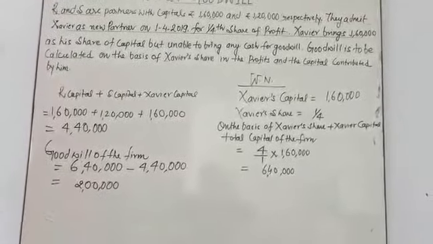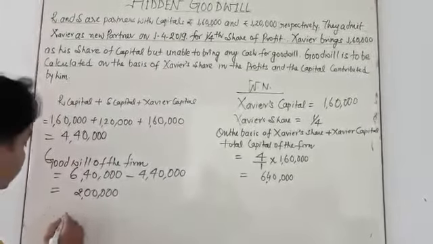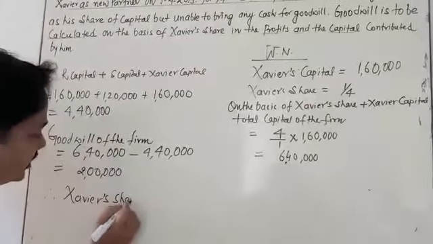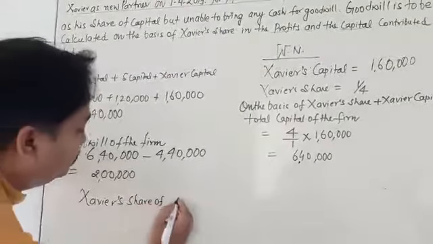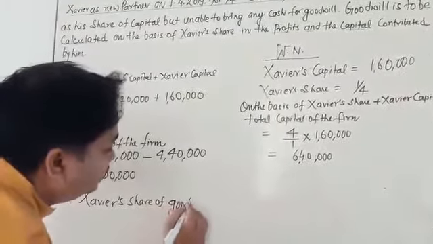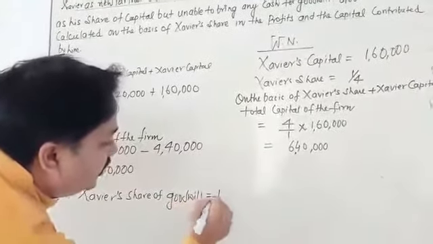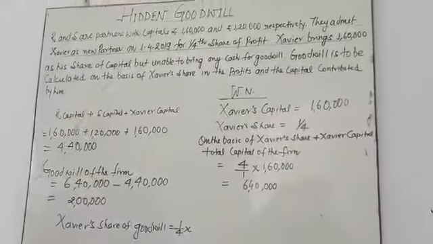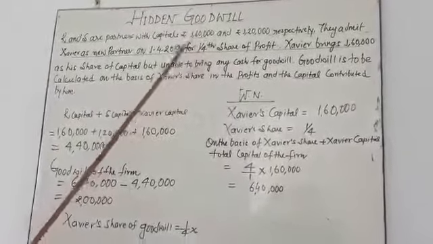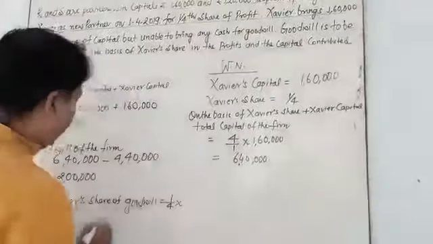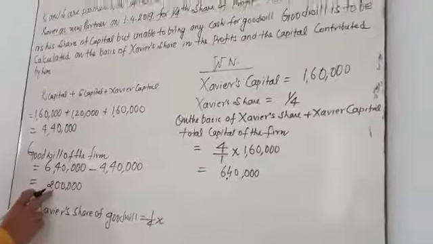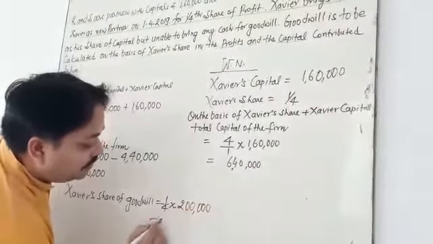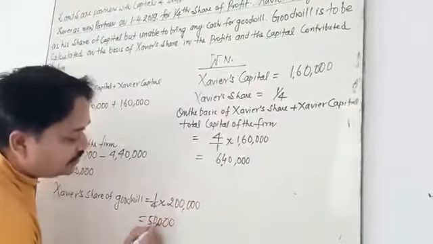So you have to calculate Javier's share of goodwill, which is 1 by 4th, because in the question Javier's share is 1 by 4th, multiplied by the total goodwill of the firm, that is 2 lakh rupees. So 50,000 is Javier's share.